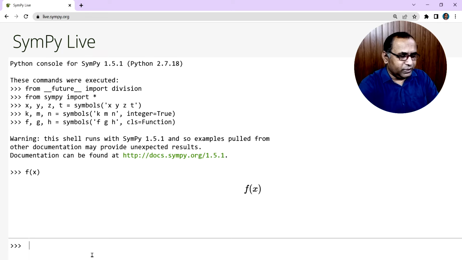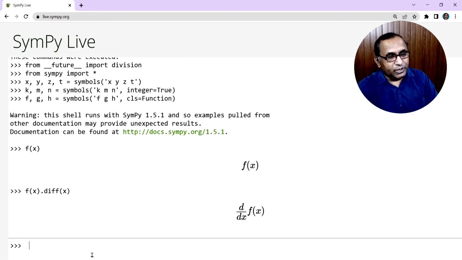Now, if we want to differentiate this undefined function, f(x) dot diff is used to differentiate the function. We want to differentiate with respect to x, and when we enter it, this is d upon dx of f(x), the first order derivative.